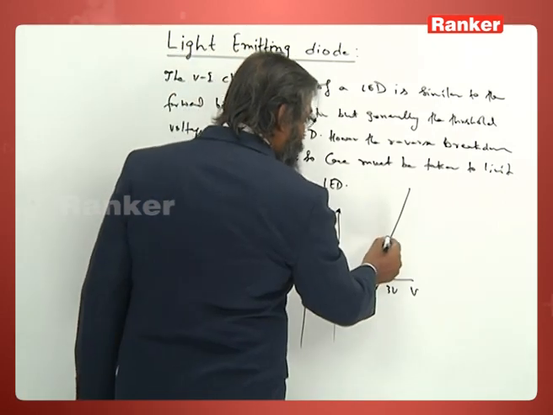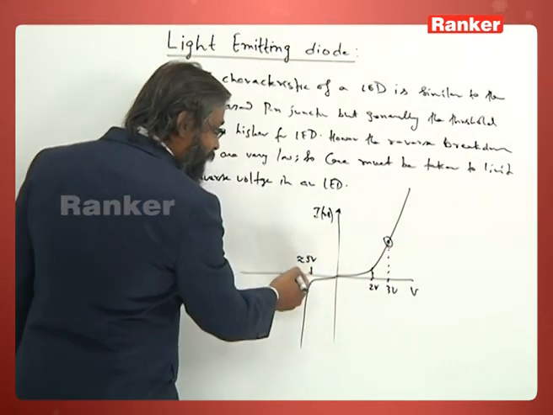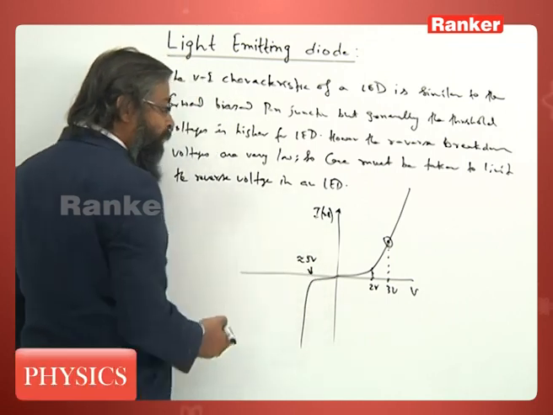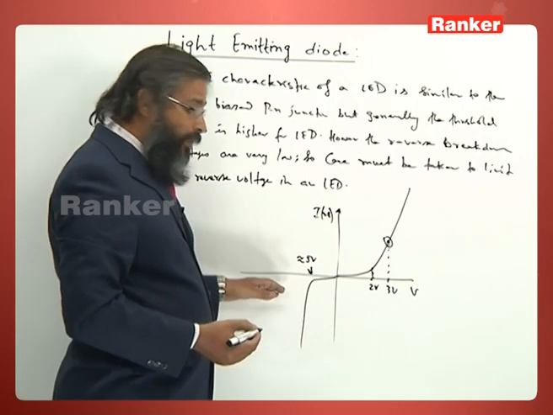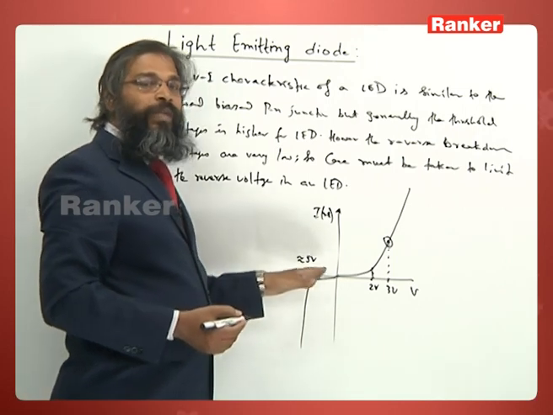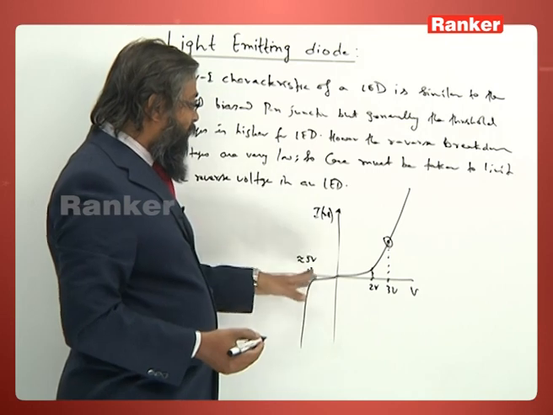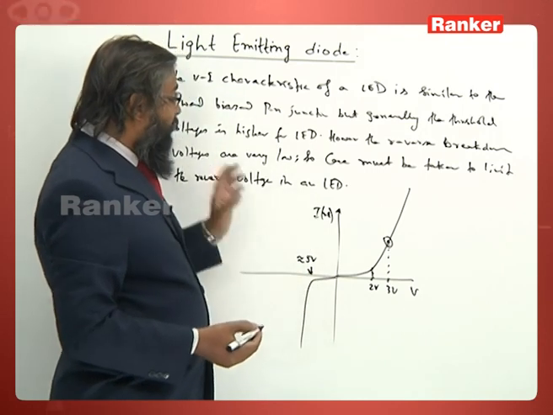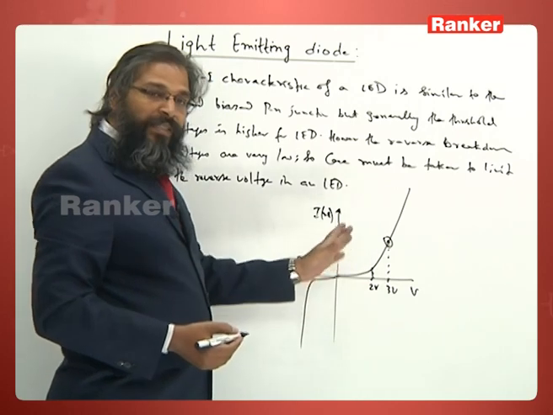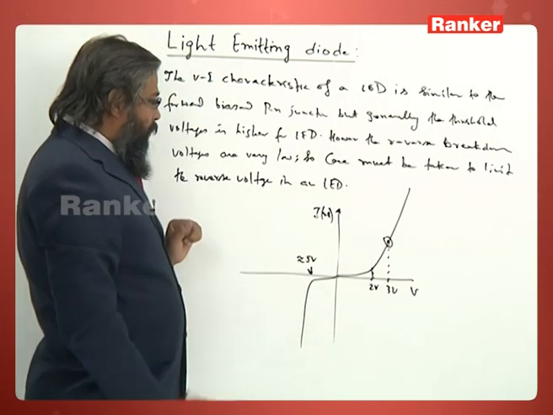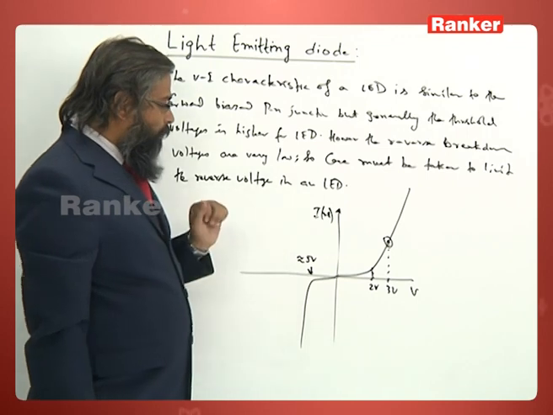So we must give a proper bias, and we must not give more negative bias. For normal diodes it may be 20 volts, 40 volts, 70 volts, but here it is of the order of 5 to 6 volts. So reverse bias should be less for an LED, and forward bias should be somewhat more than for conventional PN junction diodes. So this is how it works.